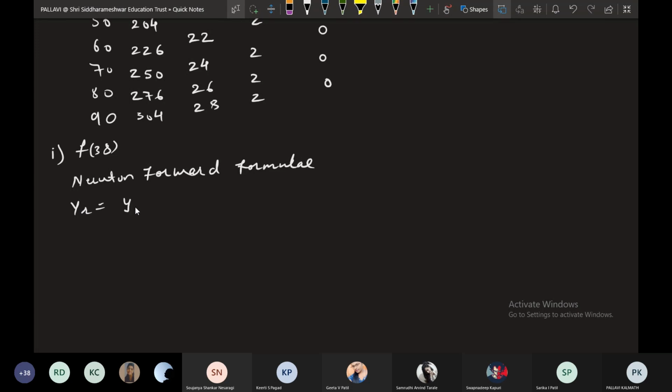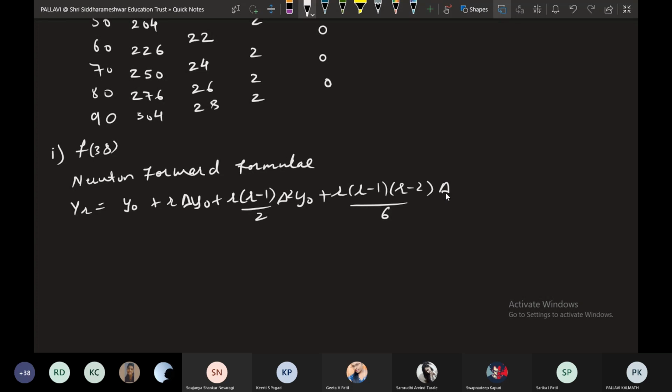In forward it is y naught, in backward it is yn. Please note the changes. y r equals y naught plus r into del y naught plus r into r minus 1 divided by 2 factorial into del square of y naught plus r into r minus 1 into r minus 2 divided by 3 factorial, which is 6, into del cube of y naught. This is enough.